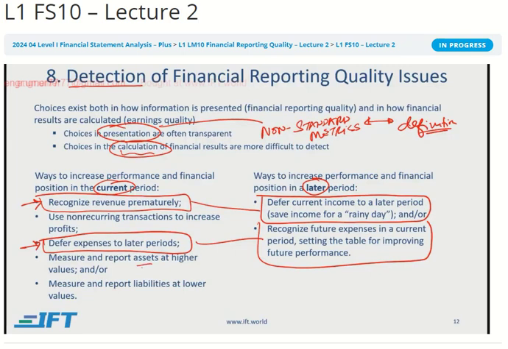You can obviously have your assets at a higher or lower value, your liabilities at a higher or lower value, because different methods let you do that. So for example, different depreciation methods can help you change the value of property, plant and equipment.